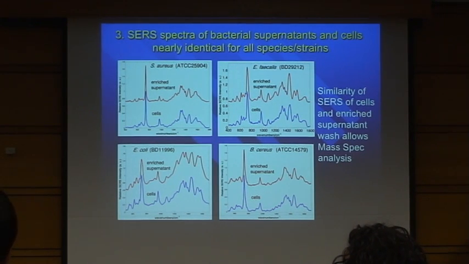We took the water that they're sitting in after we washed them, the supernatant, and we enriched it by lyophilizing, and then put that on our substrate. So no cells, just the enriched supernatant. And the SERS spectrum of the enriched supernatant was virtually identical to that when we just put the cells. So that's telling you that the SERS signatures come from small molecules, at concentrations of micromolar or so.